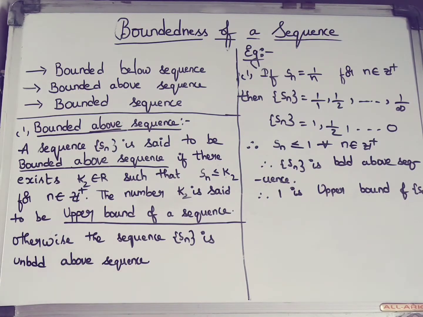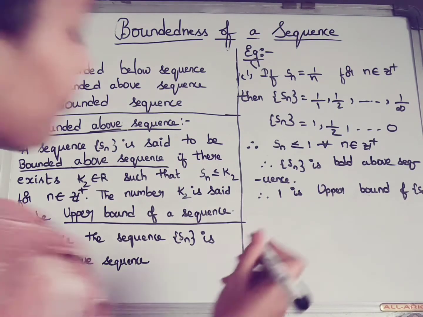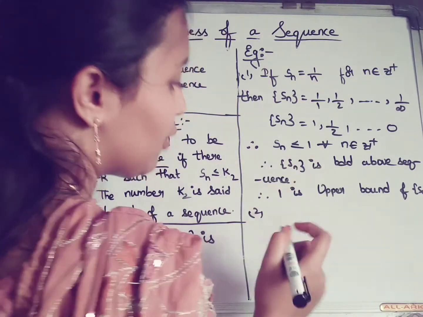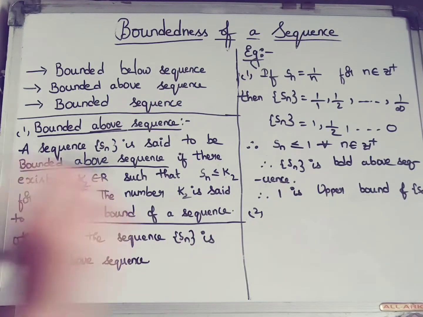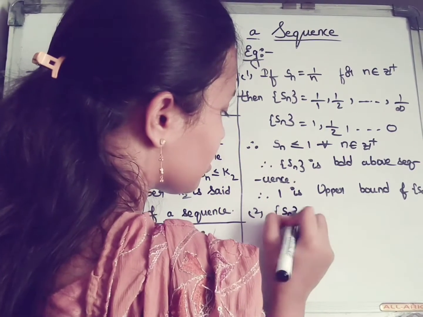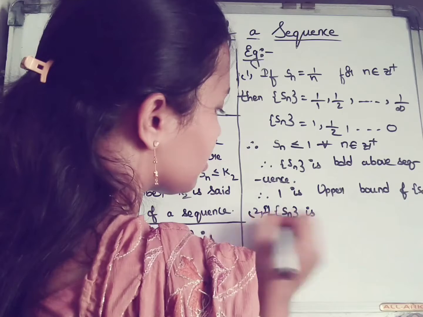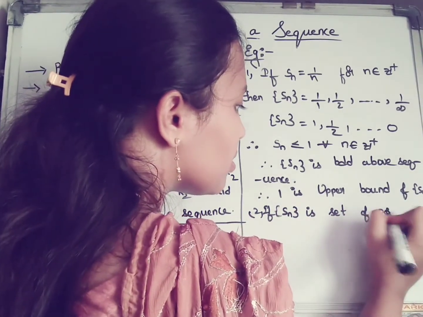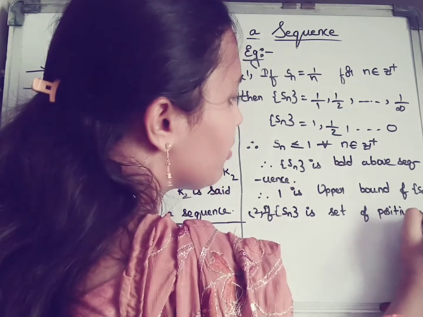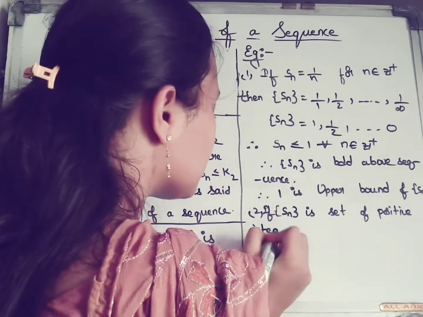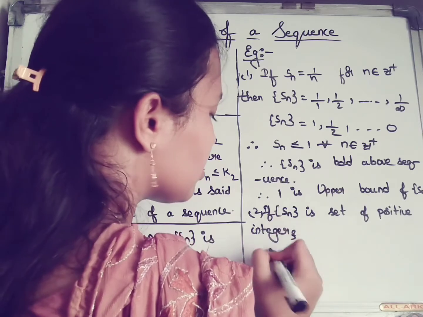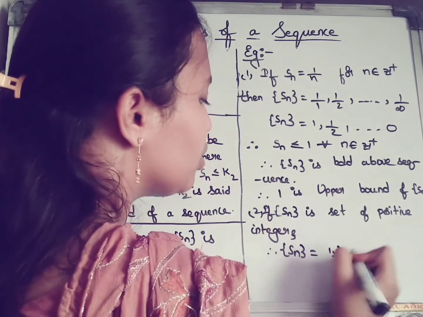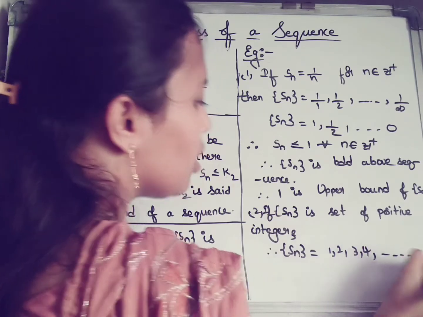So we need to check an unbounded above sequence also, right? I am considering the same example I considered in the last definition. The sequence Sn is the set of positive integers. Then the sequence Sn is equal to 1, 2, 3, 4 and so on.